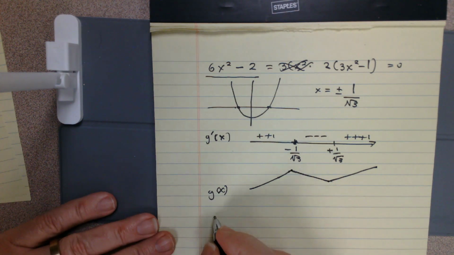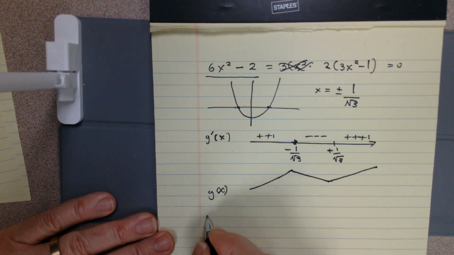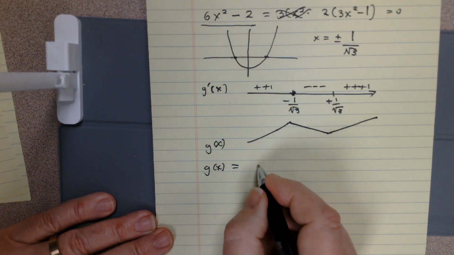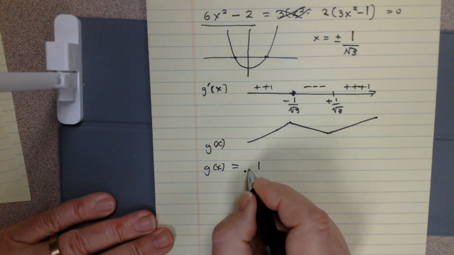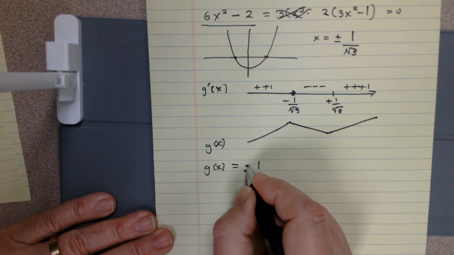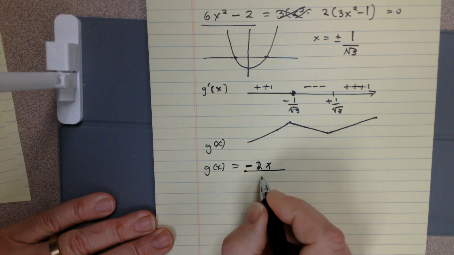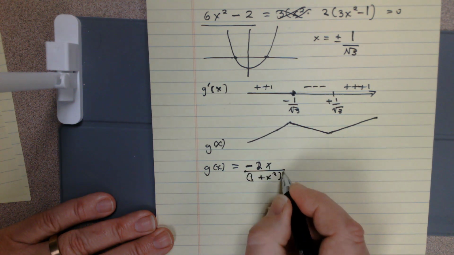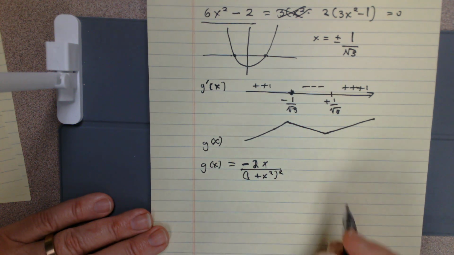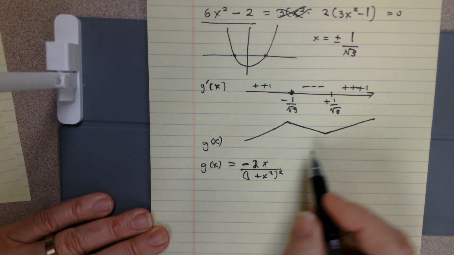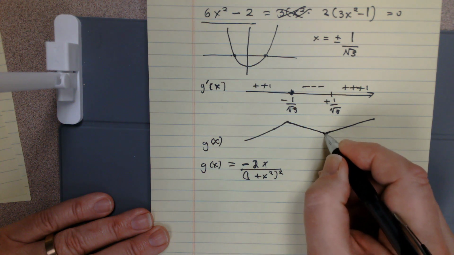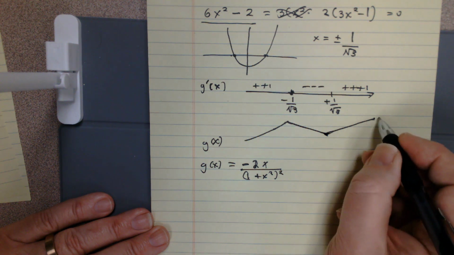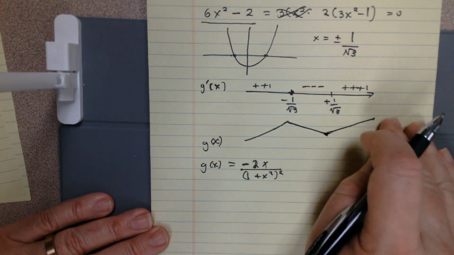Let me write down my function, g of x again. It's equal to negative 2x over 1 plus x squared, quantity squared. It hits a negative value here and increases after this point, but it's negative all on this side.